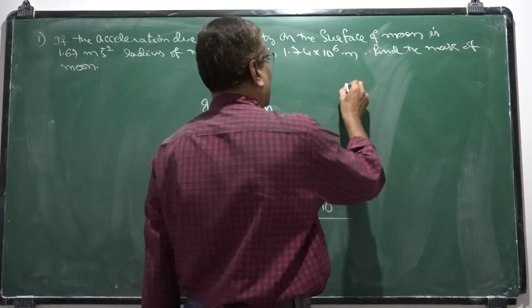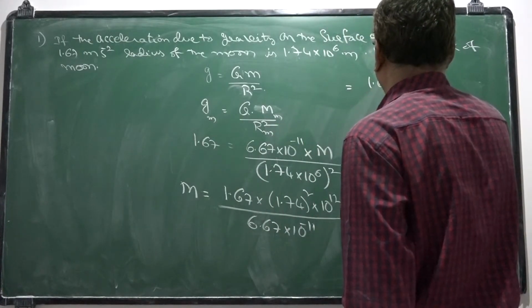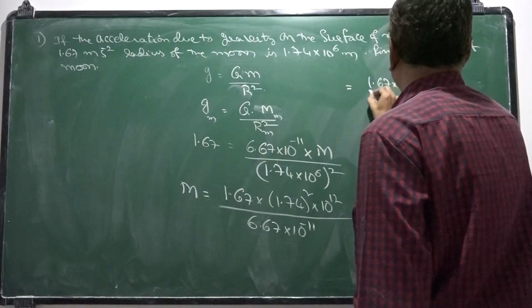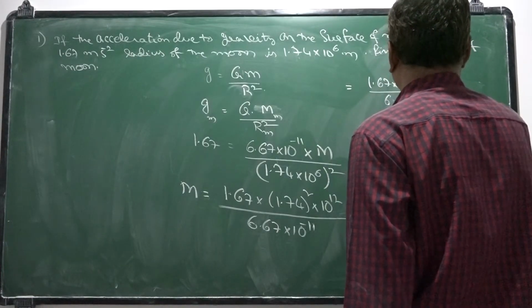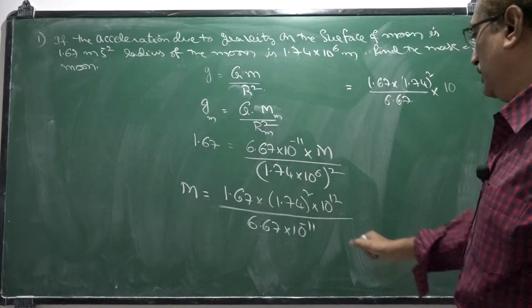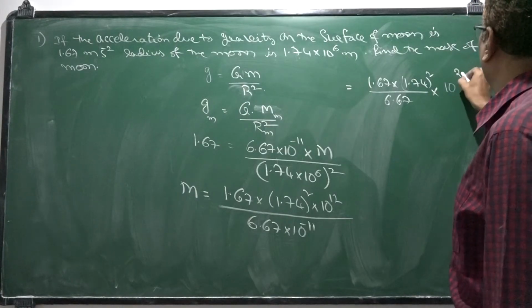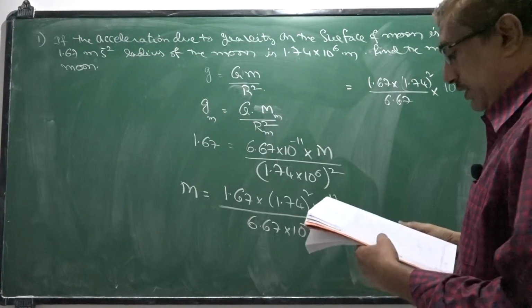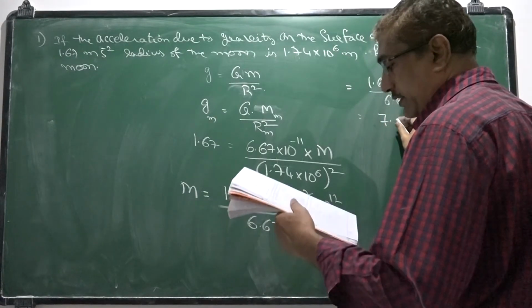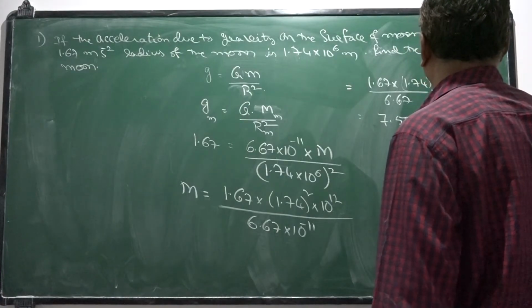So this can be written as 1.67 into 1.74 whole square by 6.67 into 10 to the power, this is 12 and this is 11, that is 23. So after calculating we get 7.558 × 10 power 23 kg.